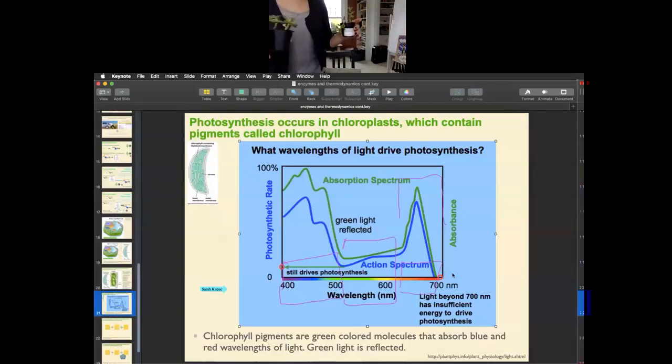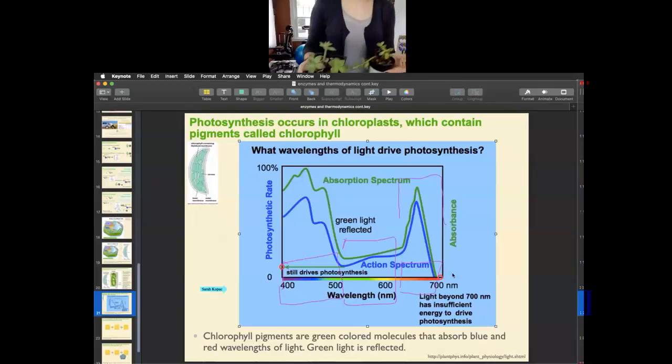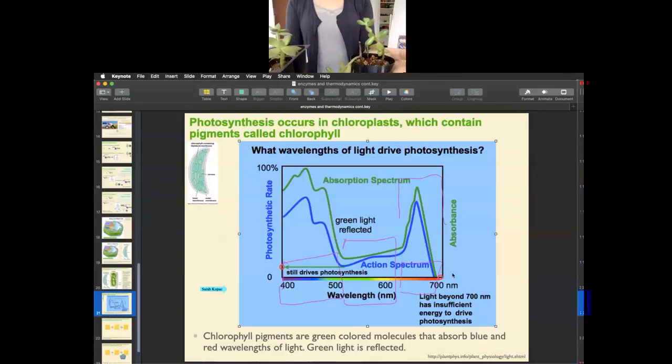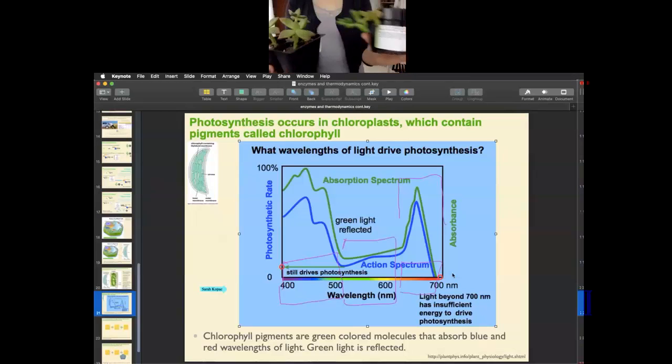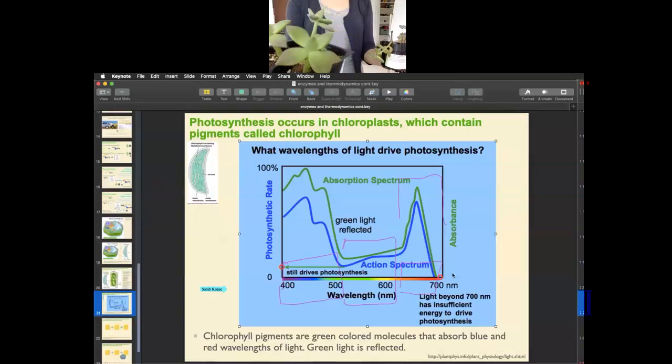They're not particularly red right now, but these guys both started off pretty red when I got them. And it depends on the type of light that they're getting. So if you put these guys in really bright light, then they will turn red. You can see this one has some reddish brown leaves at the bottom, and this one has reddish brown tinges to the edges of the leaves.